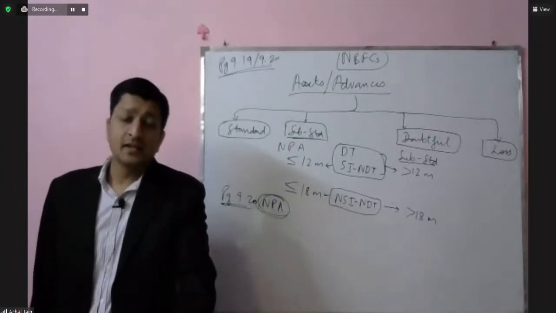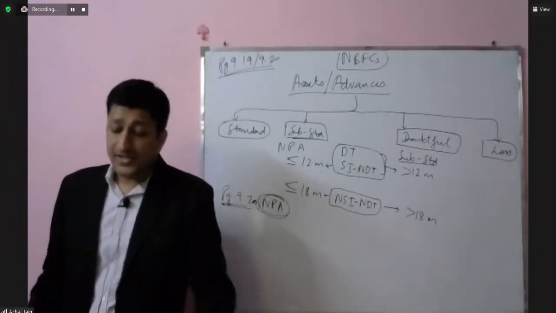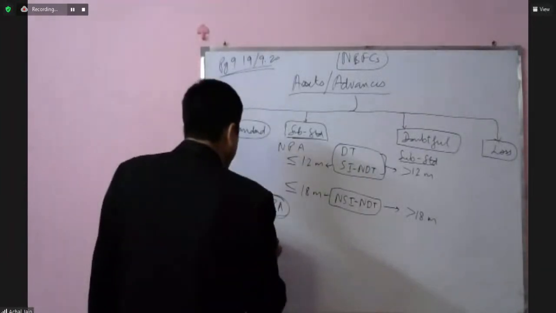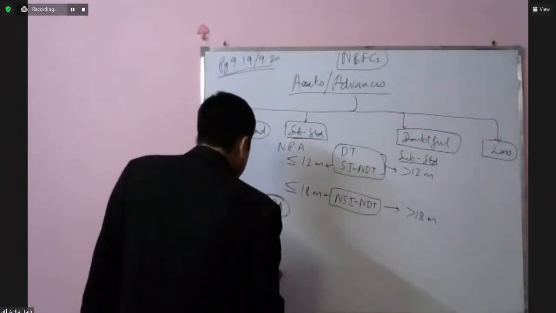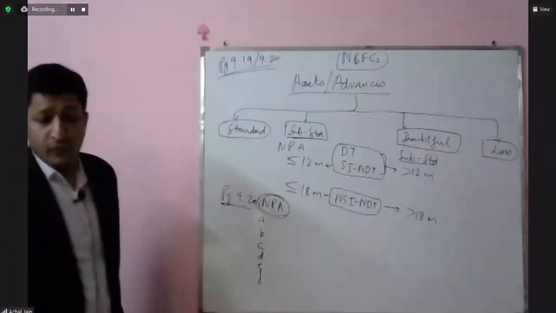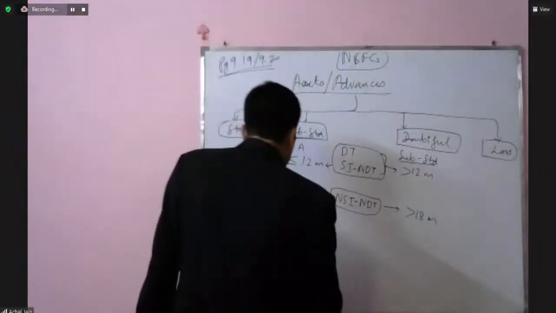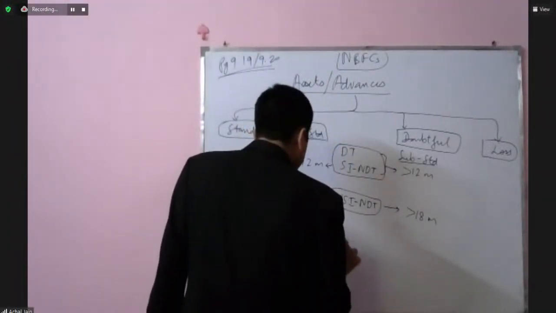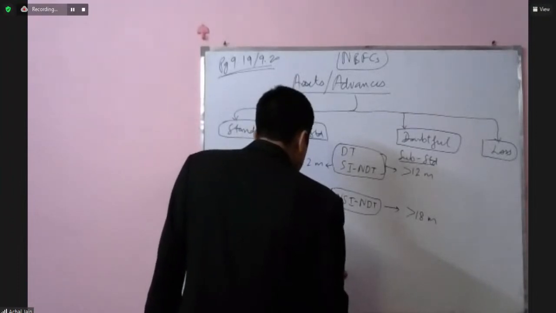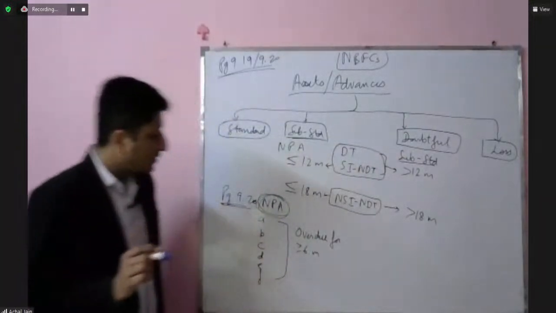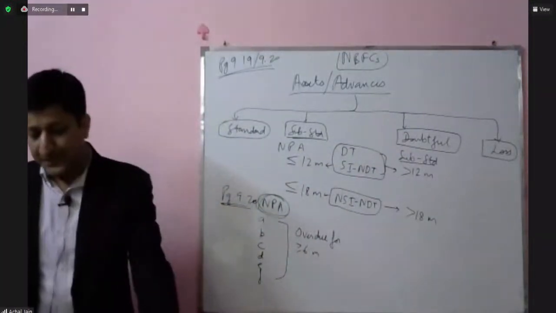In case it is systemically important, so I would say point number A, B, C, D, E, F, for all of them, if it remains overdue for 6 months or more, then it will be NPA.